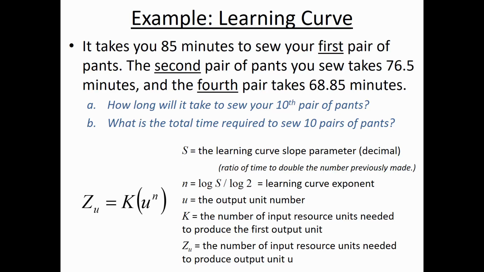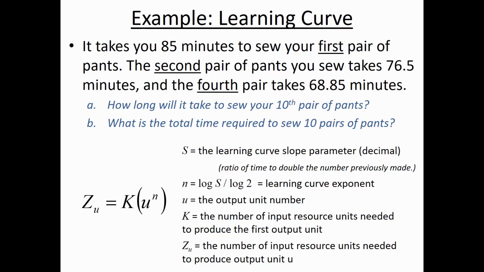And that is the number that I use in this formula anytime I'm trying to find out how much time it's going to take. For example, if we're going to do the 10th pair of pants, then we have Z sub 10, because we want to find out how much time it takes to make the 10th pair of pants. So then we use K. The first pair of pants was 85 minutes. And then U is going to be 10, because it's the 10th pair of pants, and we take it to the power of negative 0.1520.